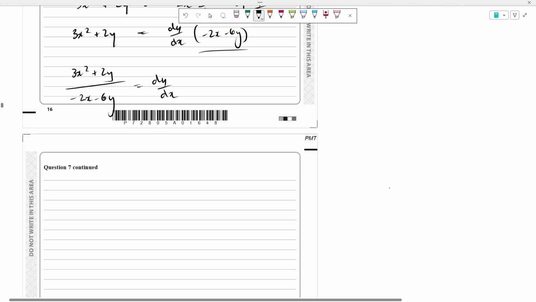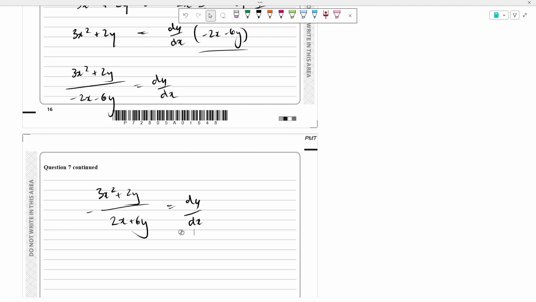So if you've written your final answer like this, that's completely fine. If you've written your final answer like this, that's also completely fine. So essentially the minus, wherever the minus is, it can get distributed anywhere. It doesn't really matter as long as that minus is there. Okay, and that's essentially going to be your dy by dx.